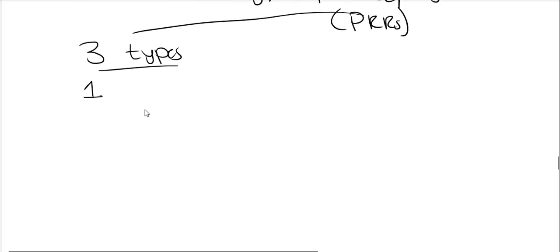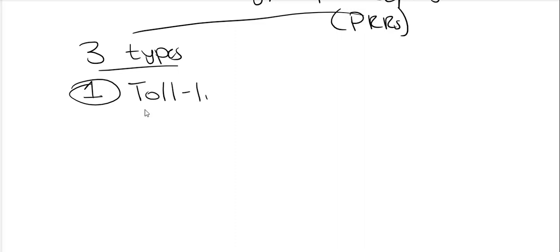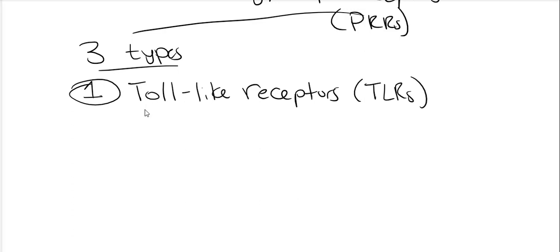The first type is the most important and the one that we'll talk about the most, and these are called toll-like receptors, or abbreviated TLRs.